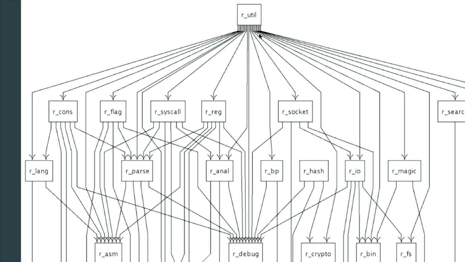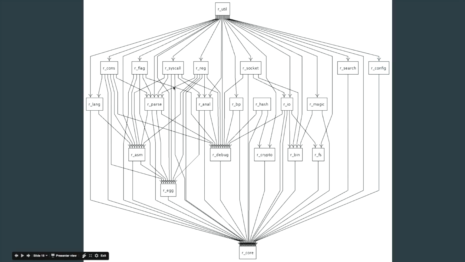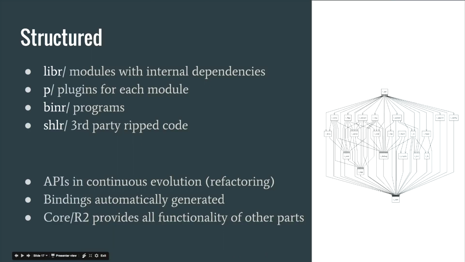So if you want to port to any other platform, you usually just need to patch the non-portable parts, which usually is the debug that takes all the core functionalities for debugging for the specific platform. But you can also build without debugging, so it's easy to port. And this is more or less the structure of all the libraries. And each of these libraries allows you to create plugins out of them.